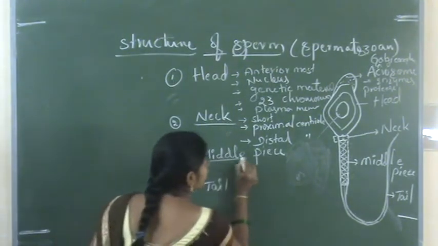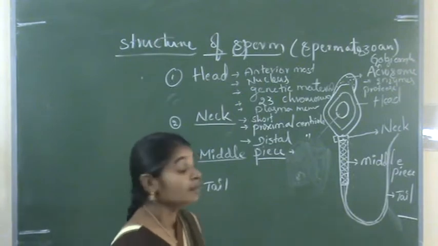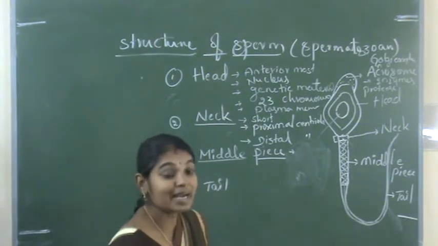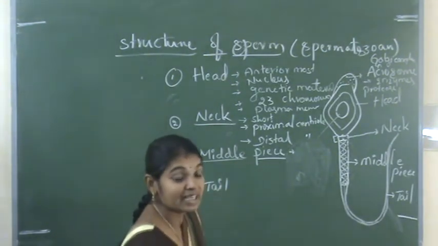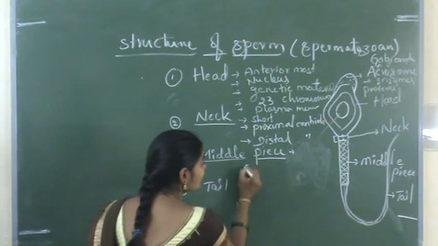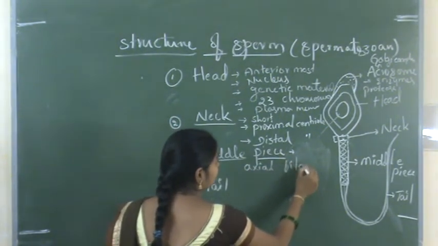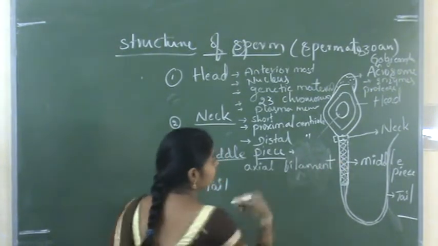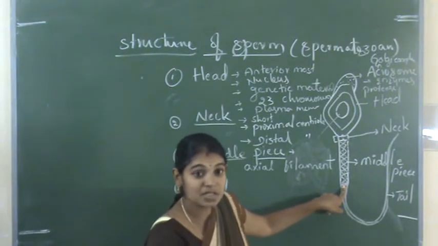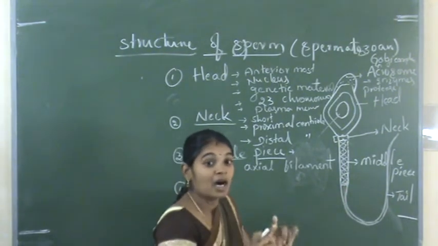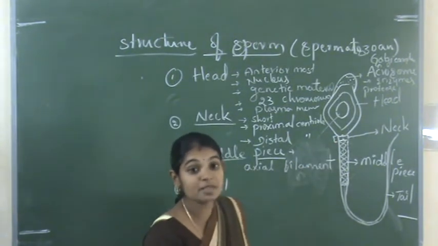And the next part of the sperm is the middle piece. Centrally it contains the axial filament, and the middle piece also contains numerous mitochondria.